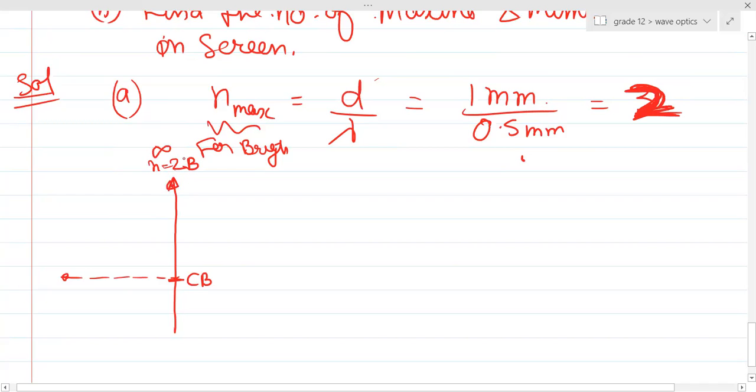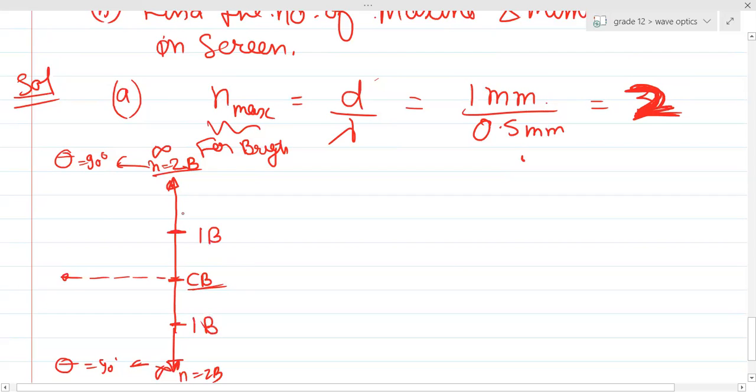The second bright will be formed at an infinite distance, meaning far outside the screen, at 90 degrees. This will form at theta equals 90 degrees. Are you getting my point, guys? But can you see, in between the central bright and the second bright there should be the first bright somewhere?